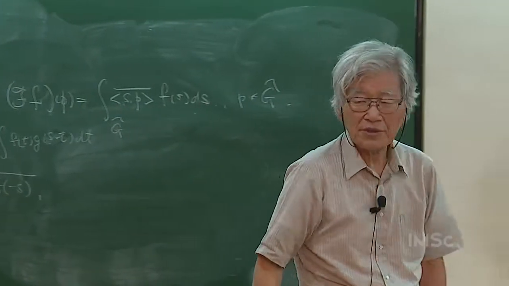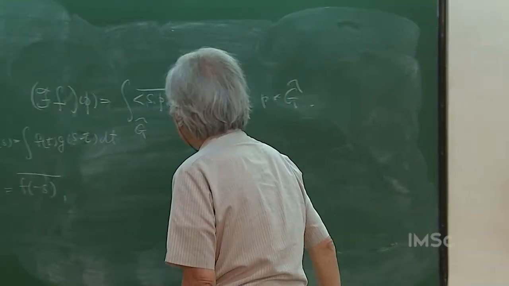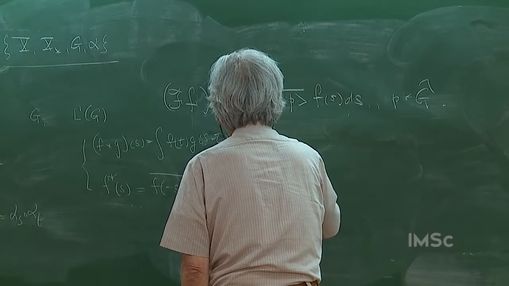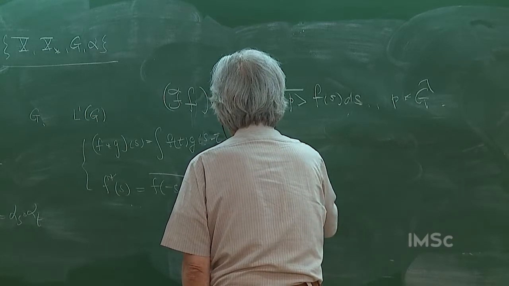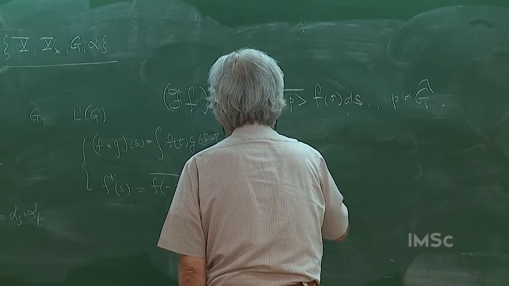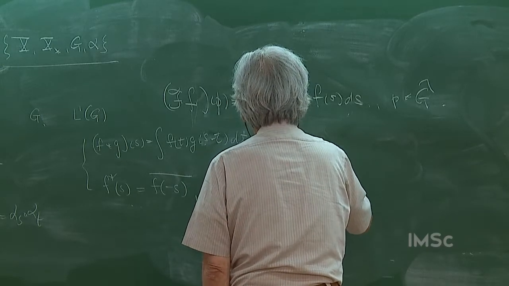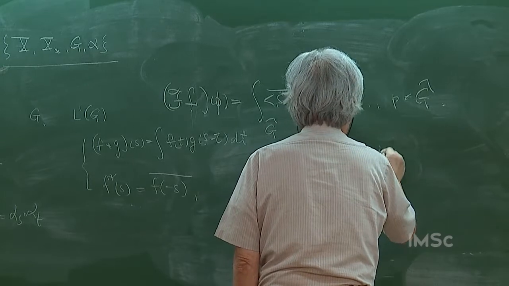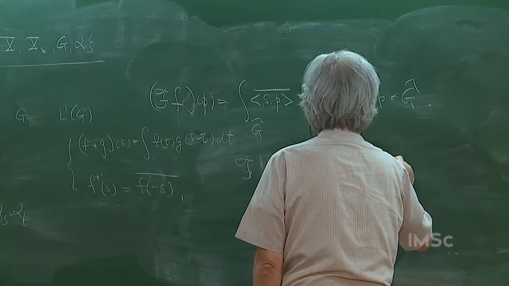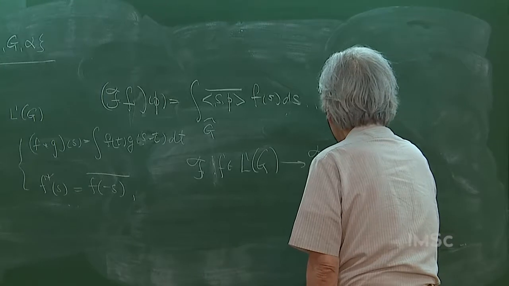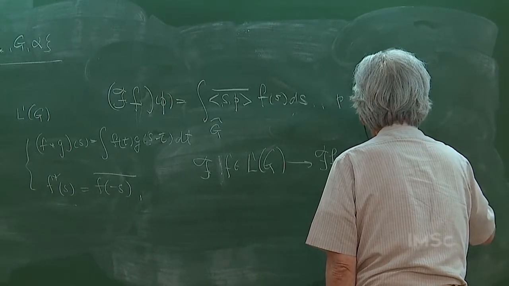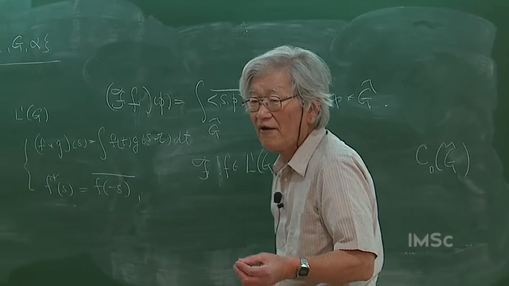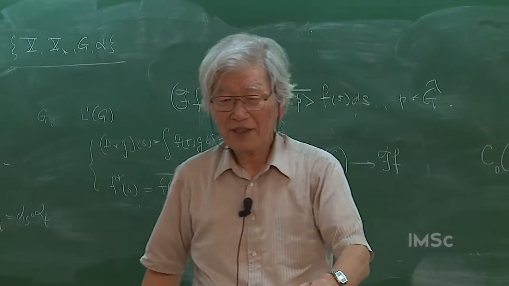This Fourier transform takes L1 of G into C_0 of G hat, the continuous functions vanishing at infinity.